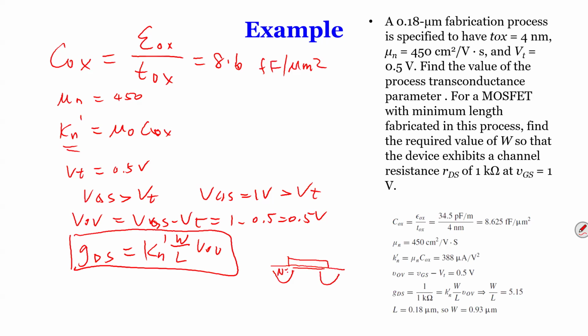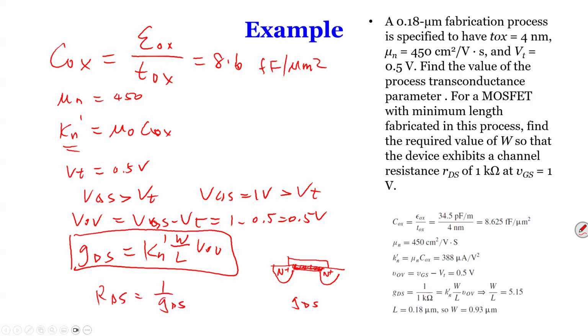So this is the N plus, and this is the channel. So this is really looking at the resistance between them. This is GDS, and RDS is equal to 1 over GDS. GDS is the conductance, RDS is resistance.